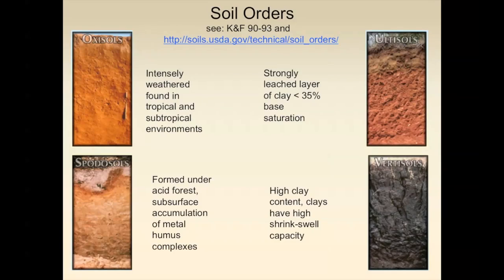So they've got to deal with some of these fertility issues. Very intensely weathered. Ultisols are also intensely weathered soils, but nothing as bad as oxisols, but as a result of very warm, very wet weather. In this case, the clays have less than 35% base saturation.